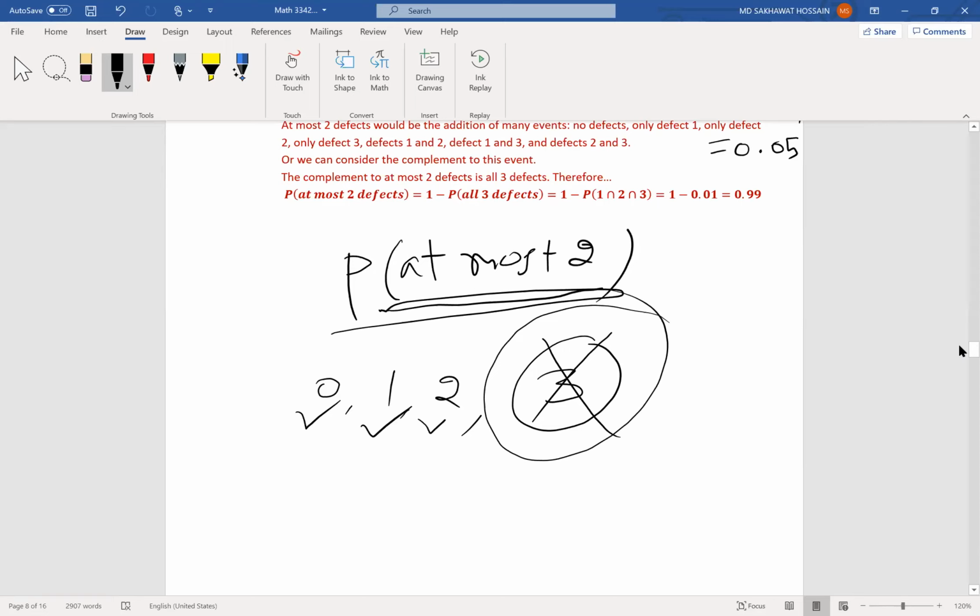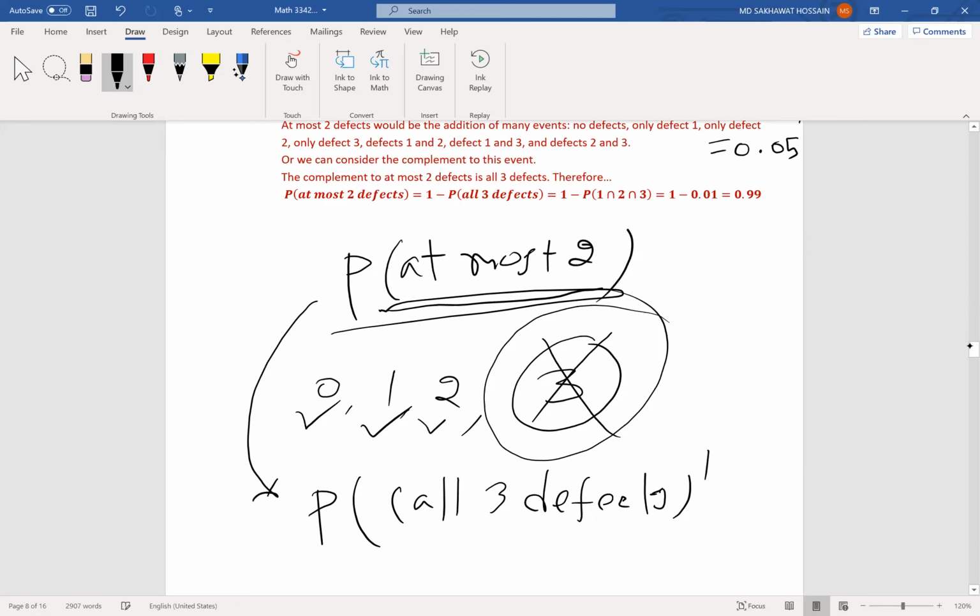So the system cannot have 3 defects. That means we are looking for the probability of the complement of all 3 defects.